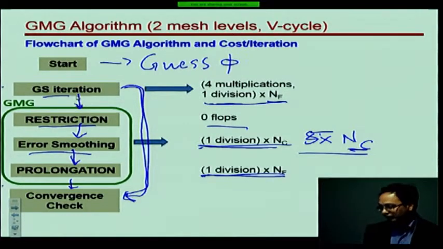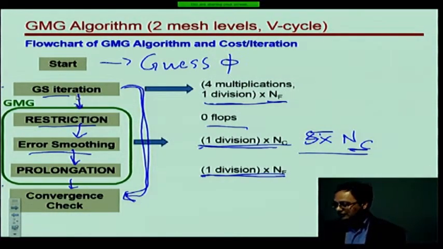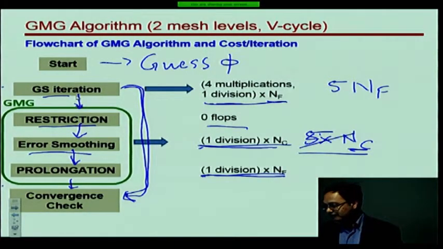Okay, so if you now count the number of iterations, you see here this is 5 NF. And let's even forget the fact that we are doing multiple sweeps. We are doing just 1 sweep, let's say. So then you have NC here, and then here you have NF.